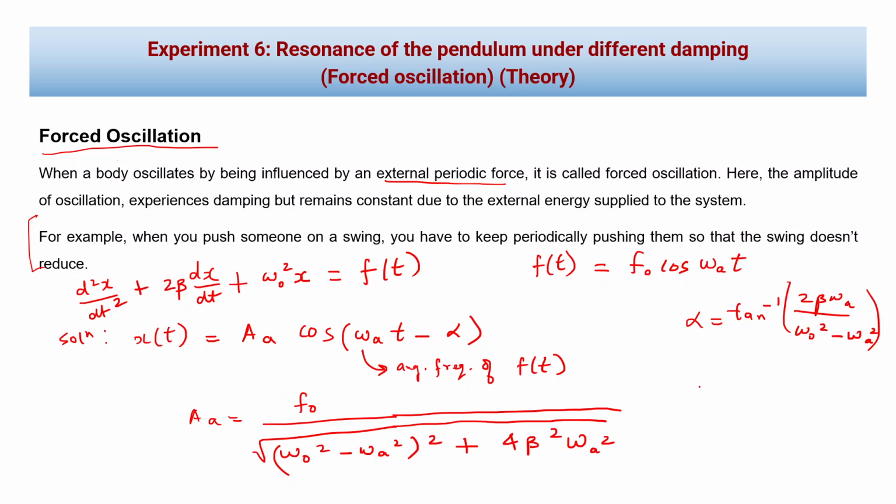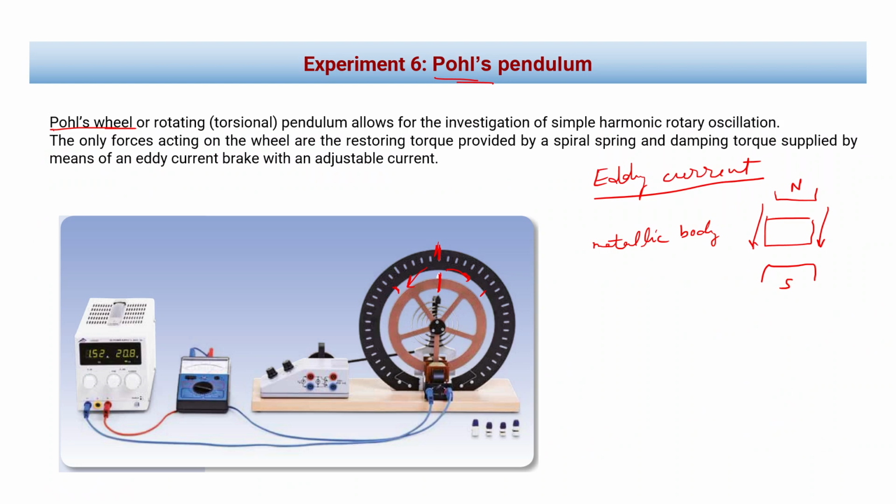That is called the resonance condition. We get resonance when omega a becomes equal or almost equal to omega naught. In that condition, the amplitude of the oscillation becomes maximum and increases. That is the resonance condition. So these were the theory based on this.